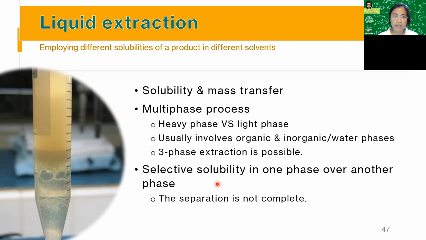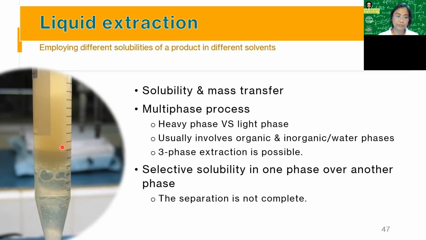The driving force that makes the product go into the extraction process is the selective solubility in one phase over another phase. That's what I was talking about before. But bear in mind that when you are doing liquid extraction, you are not doing a total separation.